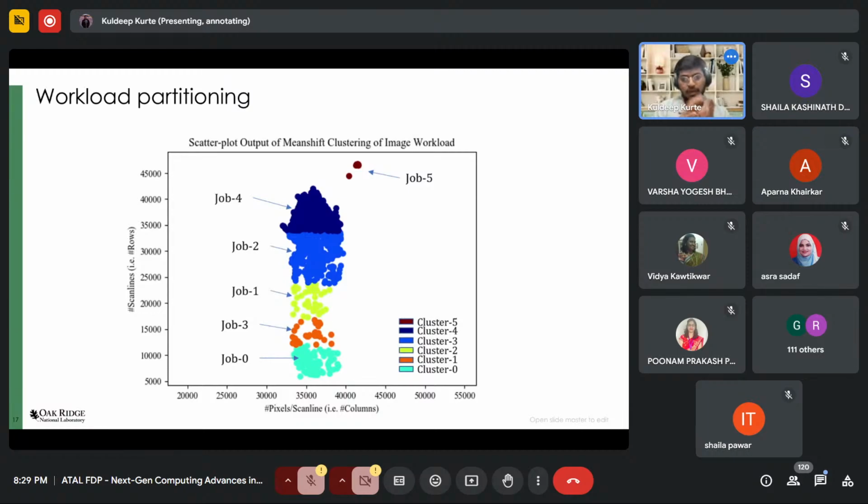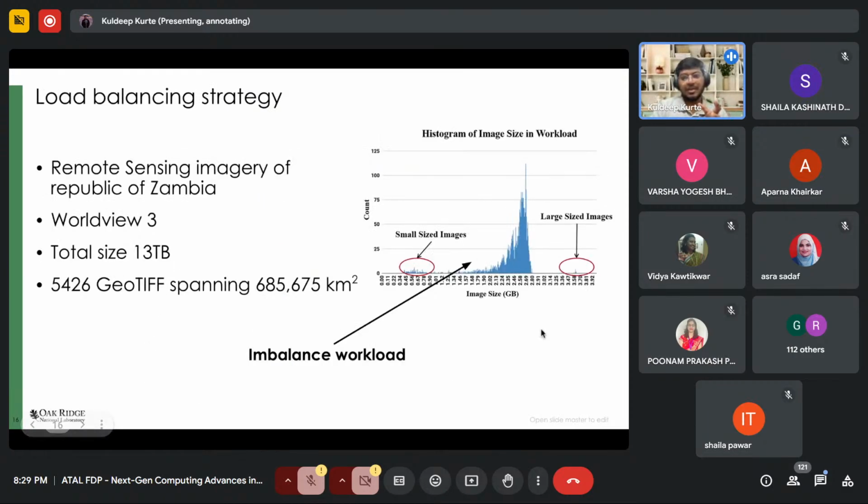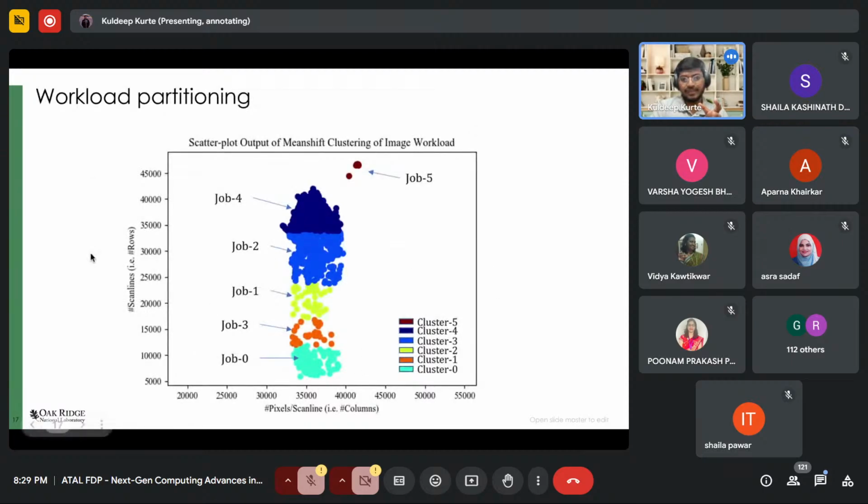When you do that kind of partition, you can use any sort of approach. Here I am showing another visualization of the same information. Before, I was plotting the histogram of the image size in terms of GB, but here I'm plotting the number of rows and number of columns of a given image, and this is how the workload looks. Again, you can see that it's not very well distributed across the number of rows and columns.